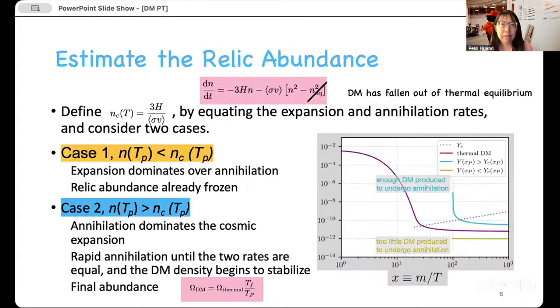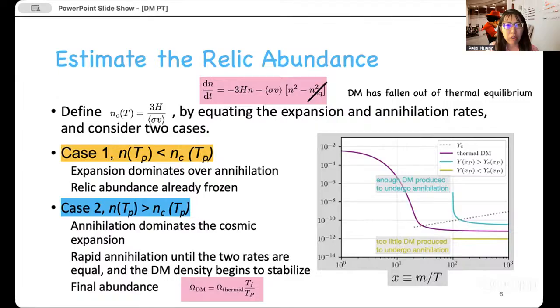So to estimate the relic abundance, let's go back to the Boltzmann equation. The phase transition happens after the freeze out, so dark matter has already fallen out of equilibrium. So the equilibrium contribution can be ignored, and I'm going to ignore this term.